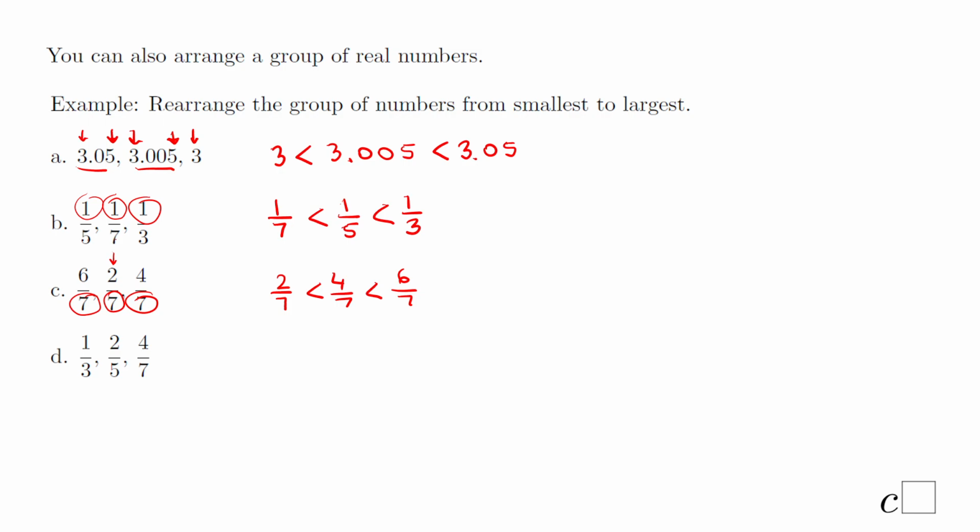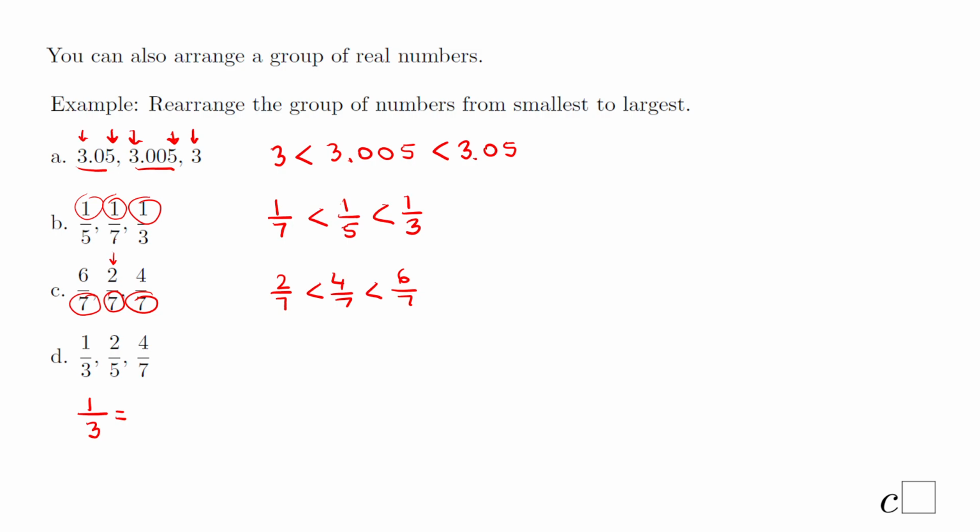And the last problem in this lesson will be D, where we have to rearrange these three numbers from smallest to largest. Very similar to what I did in another example, I'm going to change these fractions into equivalent fractions. And I have 3, 5, and 7. They have nothing in common. So the least common multiple will be 3 times 5 times 7, which I think is 105.